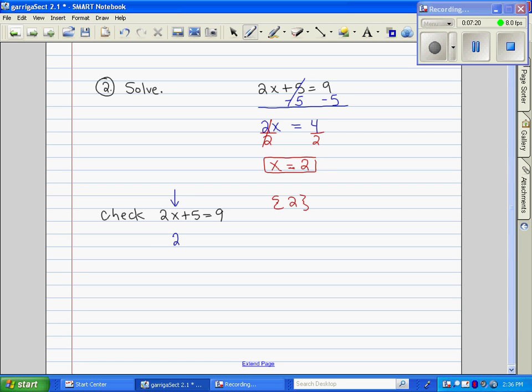So if I substitute 2 in there, I'm going to have this. 2 times 2 is 4. 4 plus 5 is 9 equals 9. This is true, therefore it checks, and I know that my solution is correct. I can do those for all of the examples that I work for solving equations.